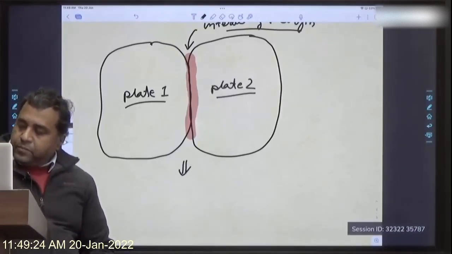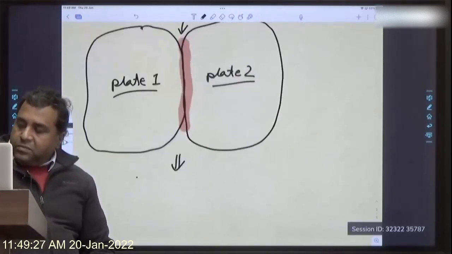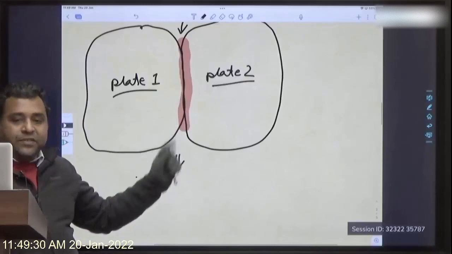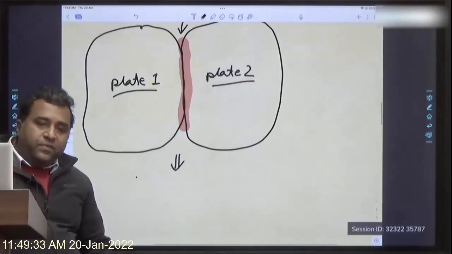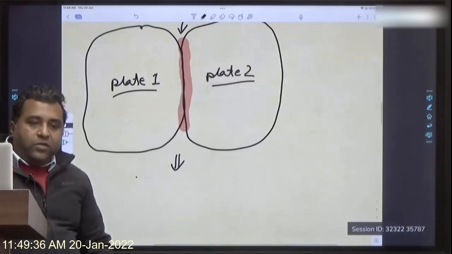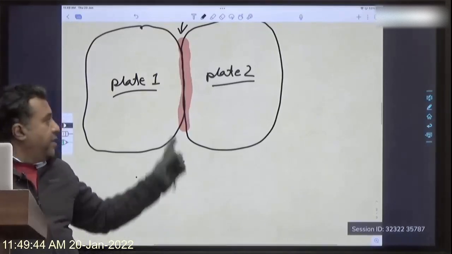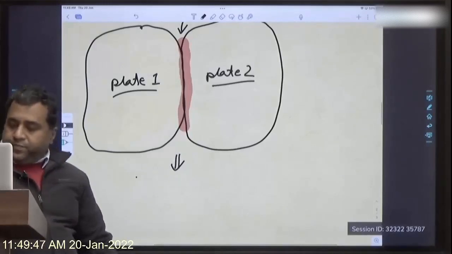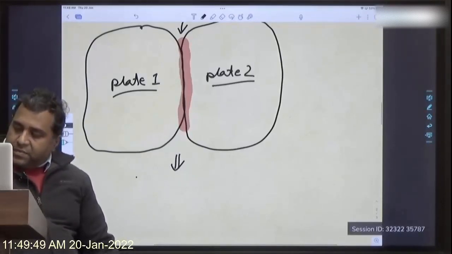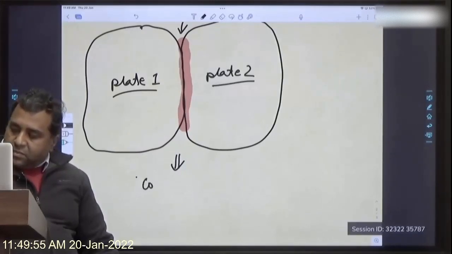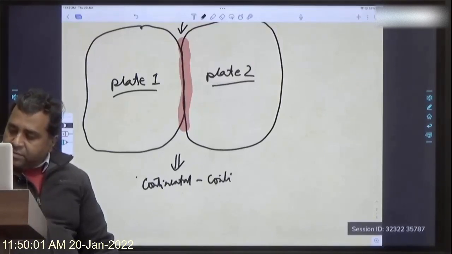Hence, along this margin, we can have three combinations of plate types. Continental, continental, right?